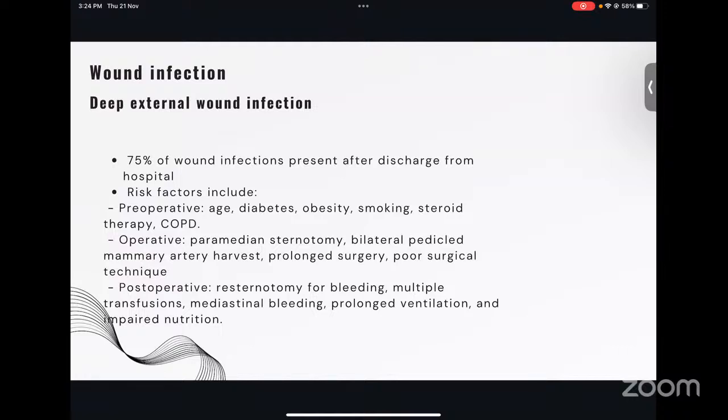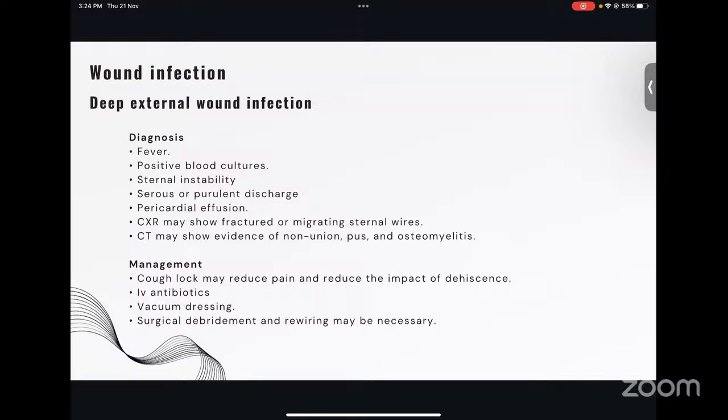Postoperative risk factors include re-sternotomy for bleeding, multiple transfusions, and mediastinal bleeding, prolonged ventilation, and impaired nutrition. To diagnose, the patient will have fever, blood culture will be positive, the sternum will be unstable during examination, and the patient may complain of this issue.